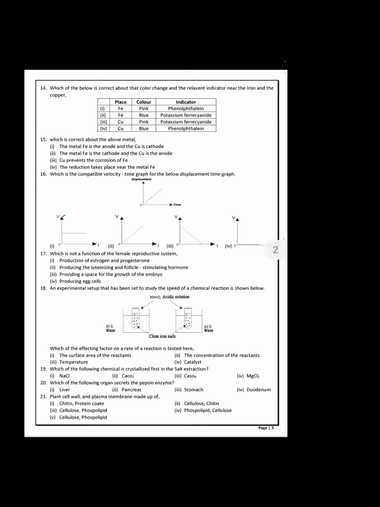Which effective factor of the rate of reaction is tested here?